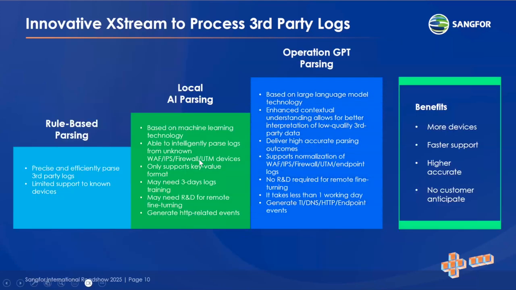Okay, and about the parsing, this part is very important because some customers ask, can you support this Fortinet and that Palo Alto? The answer is yes, but why can we support it?